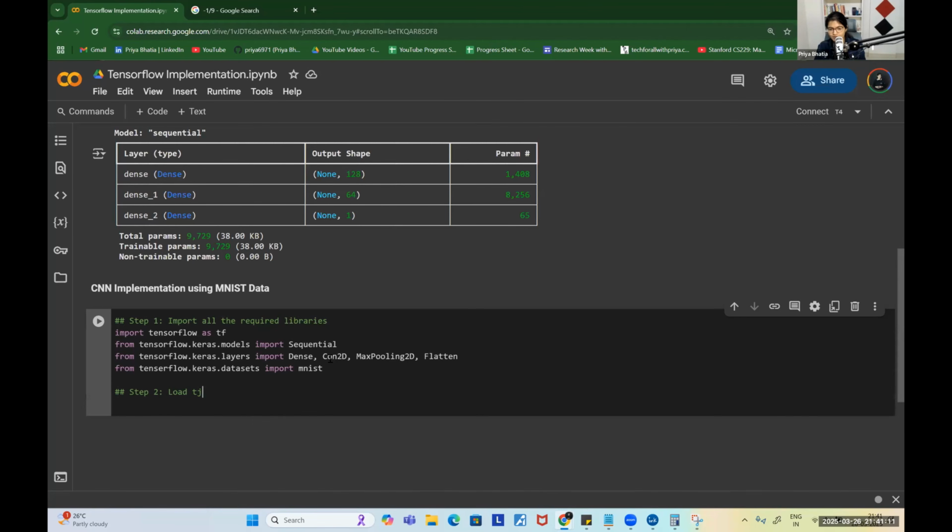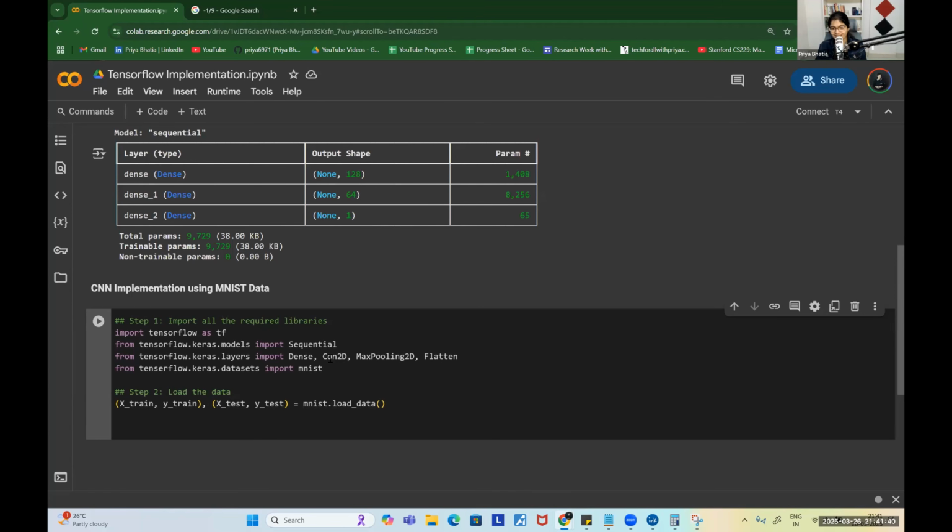We will try to split our data into two components. Training set, we will split into X_train and y_train. And then we have a test set, X_test and y_test. And we will call the function mnist.load_data, which will help us load the entire data in one go.